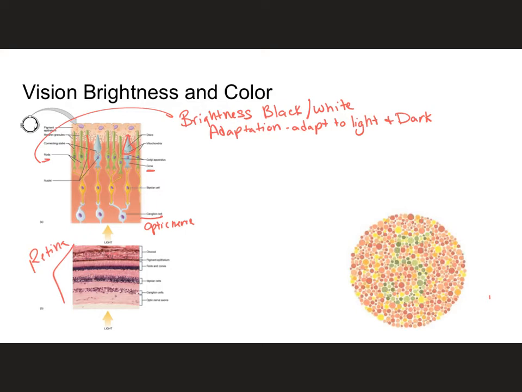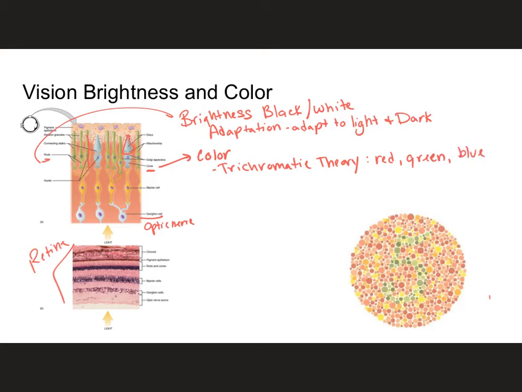Now, your cones, the way I remember cones is cones see color, CC. So cones see color, but we don't exactly know why we see color. There are two different theories. There's the trichromatic theory, and what the trichromatic theory says is that we see red, green, and blue.